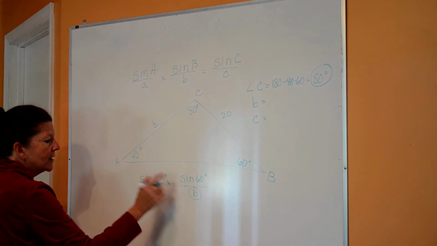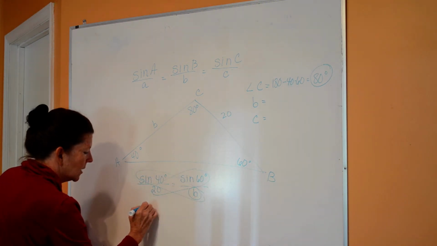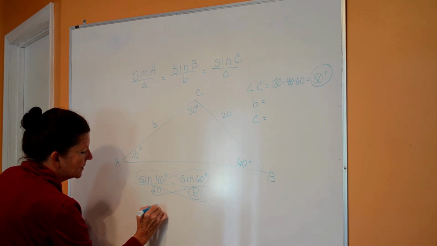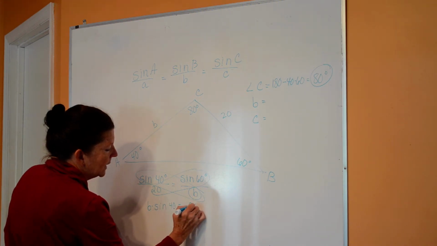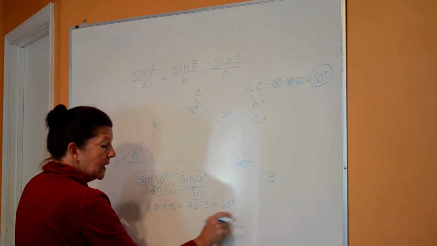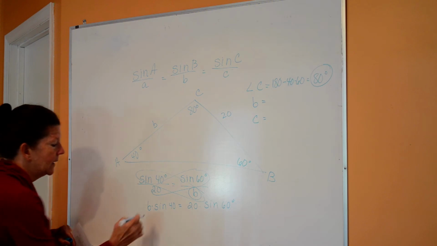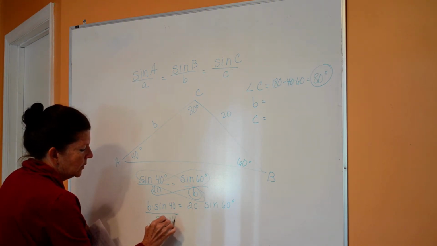So I'm going to cross product this times this and this times this. So I have b times the sine of 40 is equal to 20 times the sine of 60. Now you can get a value right there if you want and write it down, or you can wait and do it all on the calculator.